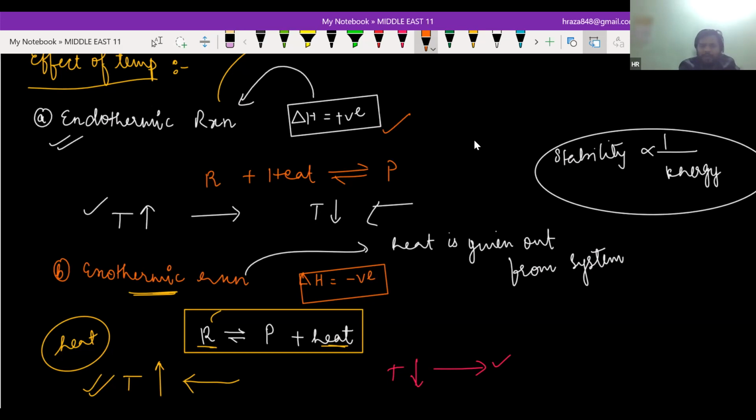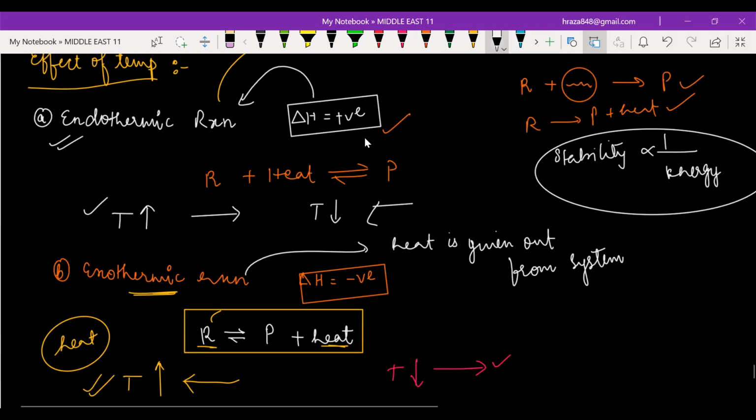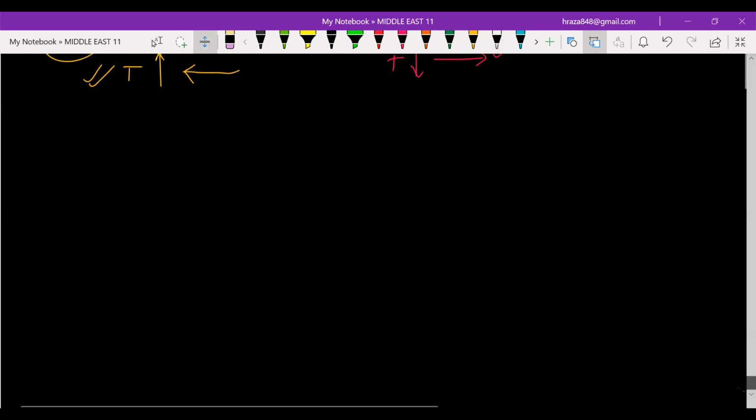Or there will be hints like reactant plus some heat energy is given, that means endothermic, and reactant to product plus some heat is given, that means exothermic. Okay, everyone? Yes, sir.